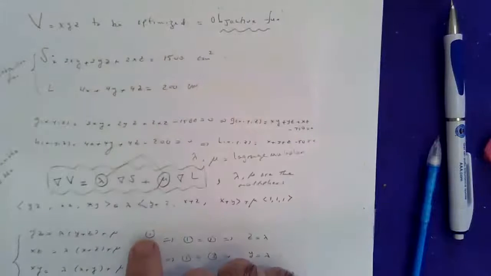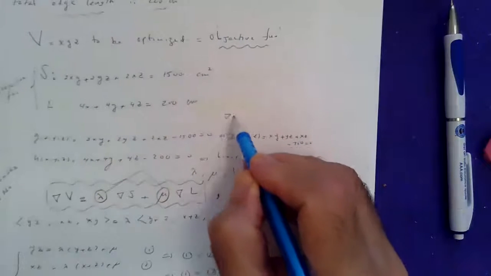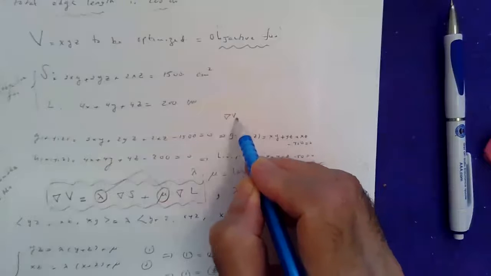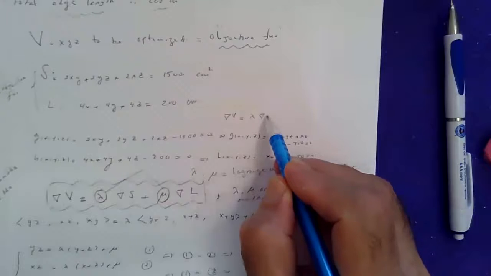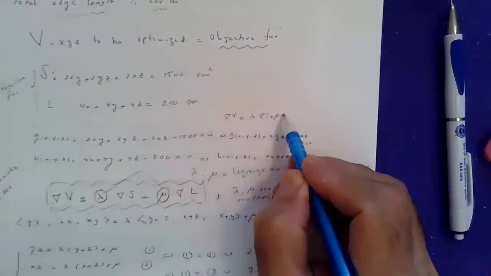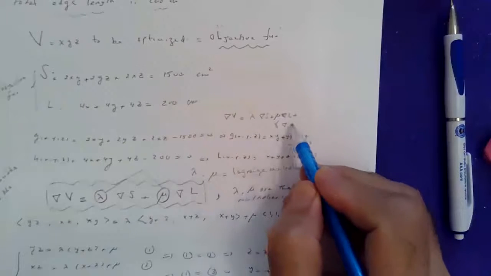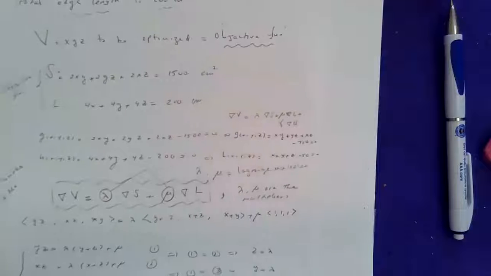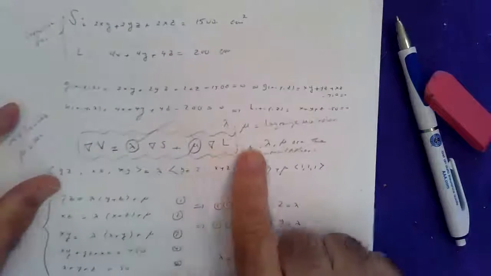Had I had, let's say, 3 constraint equations, then my equation would look like: del of whatever the function, equals lambda del, let's say S, plus mu del L plus gamma del something else like H. So as you can tell, the number of constraint equations or limitations is irrelevant when it comes to Lagrange multipliers, because the more constraints you have, the more factors you will have on the right side.